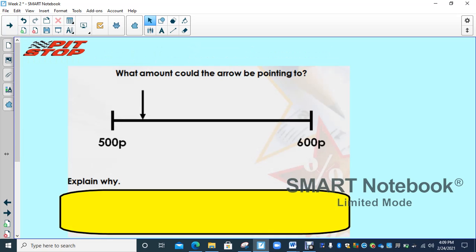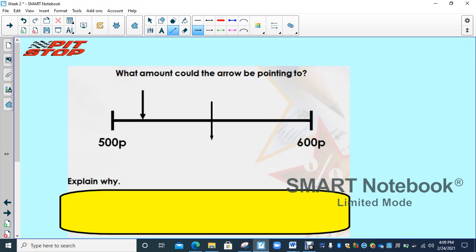Okay, fantastic, guys. So we are going to be thinking about what amount the arrow could be pointing to. So on my number line, I've got 500 pence and 600 pence, or converting that to pounds and pence, I've got £5 and £6. Now, what I will do first is find my midpoint. And like we've said earlier, my midpoint when using pounds and pence is 50 pence with this number line.